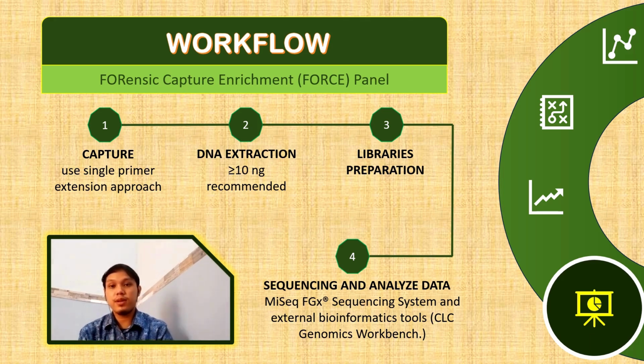The third step is library preparation, where the libraries are manually prepared, uniquely tagged using molecular indices, enriched, amplified, normalized, and pooled to ensure high quality sequencing results. And the last step is sequencing and analyzing data. The sequencing is conducted using the MiSeq FGx sequencing system, and the data is processed and analyzed using advanced bioinformatic tools such as the CLC Genomics Workbench.